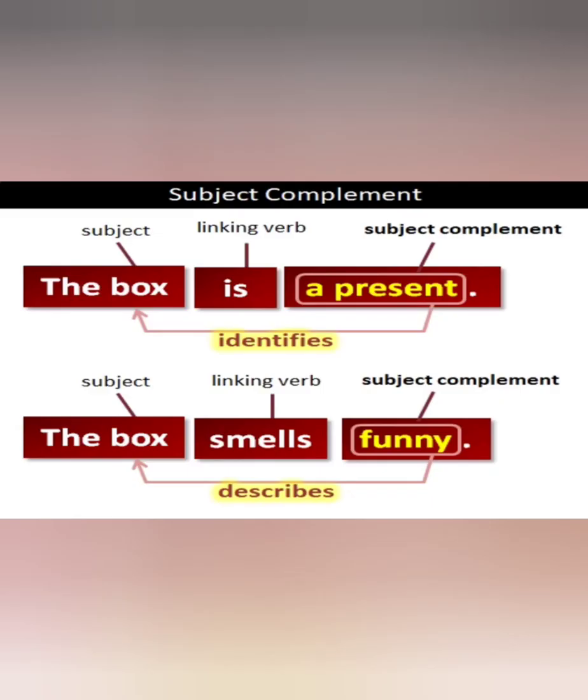Let's have a look at these sentences to understand subject complement better. The box is a present. Here, is is the linking verb.